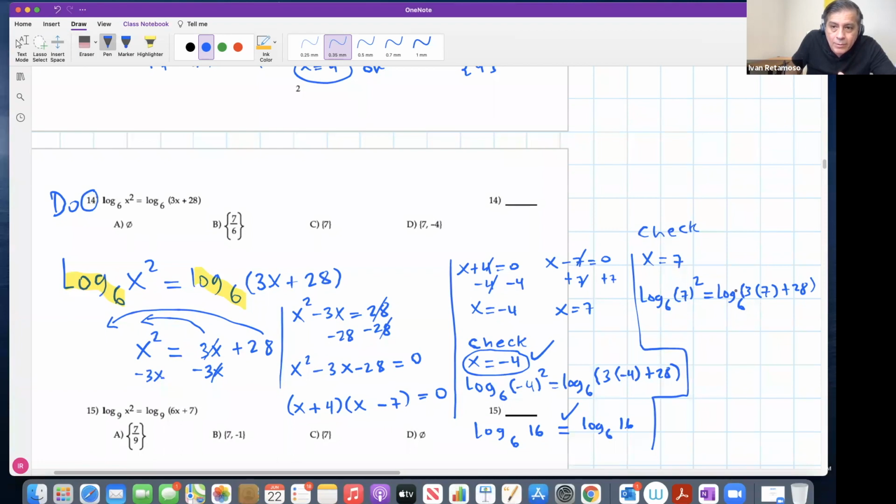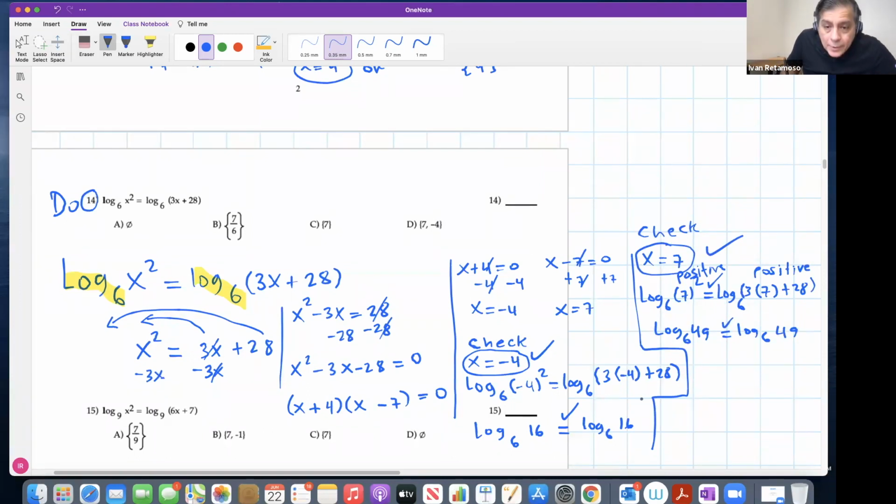Look, 7 squared positive, 3 times 7, 21 plus 28 positive. That should be enough to claim that this is good. Log base 6 of 49 equal log base 6 of 21 plus 28, 49 as well. So it's enough to show that this is positive and this is positive to verify this candidate as a good solution.